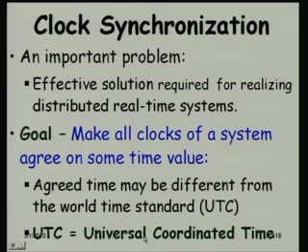UTC can't be, otherwise it should have been UCT. So, anybody knows why it is UTC that is called Universal Coordinated Time? Okay, if you look at it, it is very funny actually. The French for the Universal Coordinated Time is CUT.